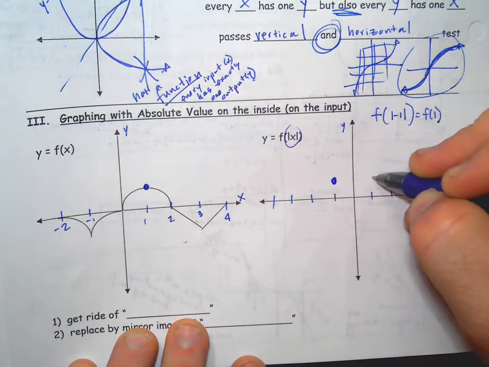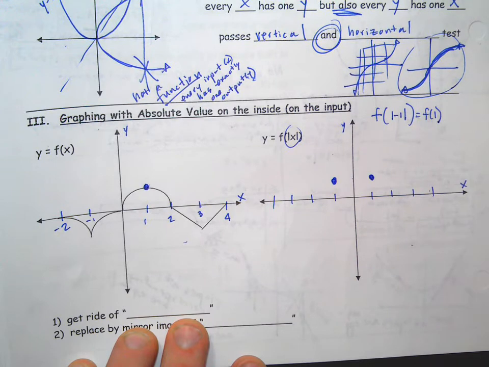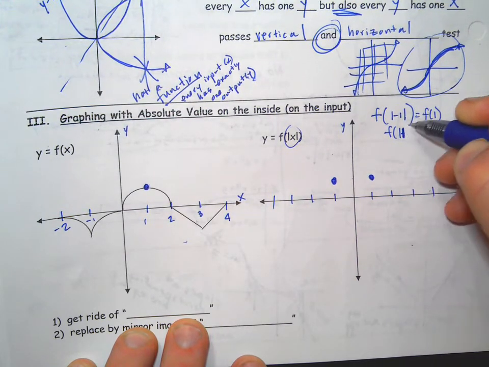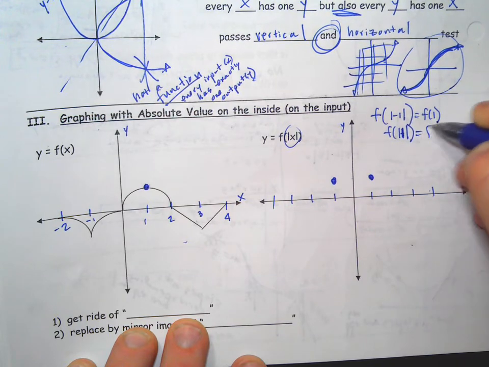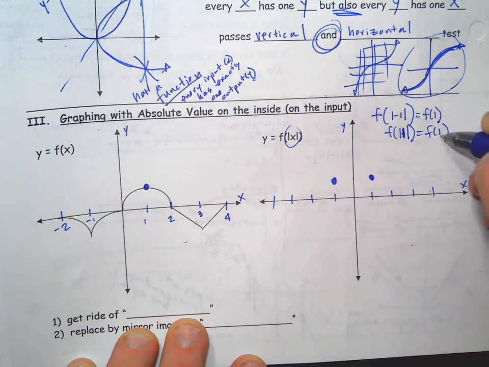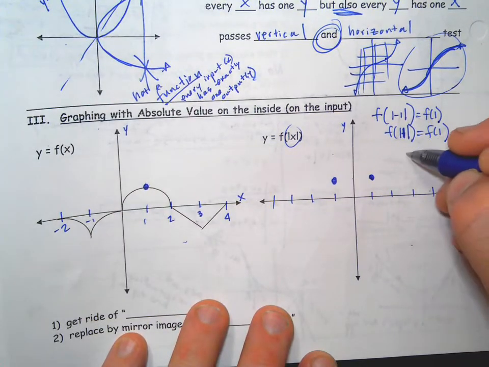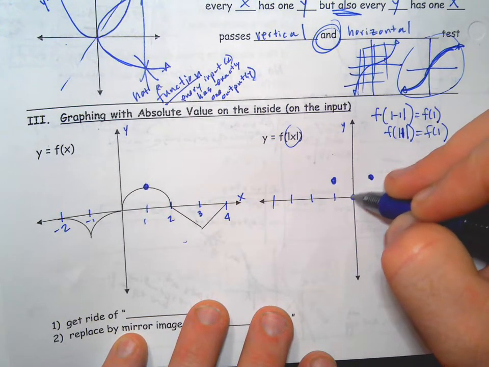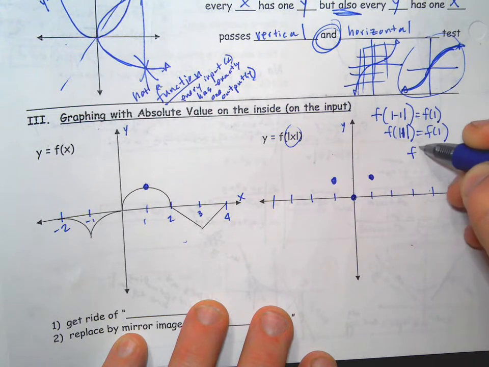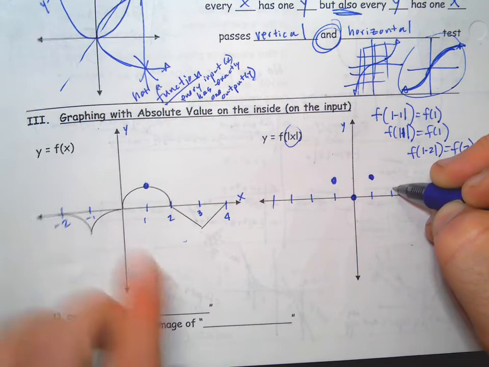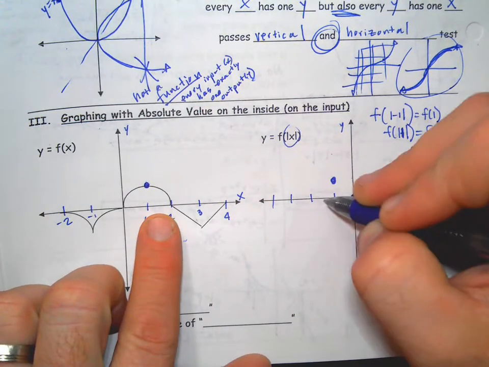When you plug +1 in, you get what's happening at +1 also. So that means that +1 and -1 are going to have the same value. They're both going to have what the positive one value was originally. If you plug 0 in, of course, you're going to get 0 for both of them. If you plug in -2, you're going to get what's happening at +2. So at +2, you have the 0. So you get this one, and then you get this one.